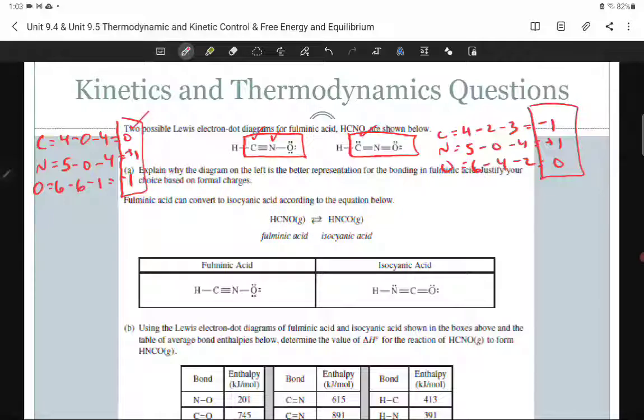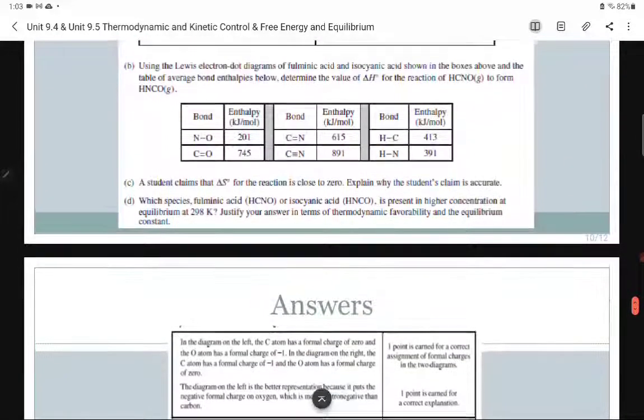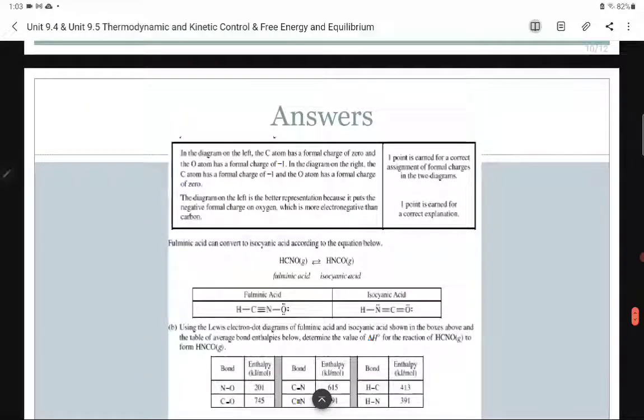Carbon is not very electronegative, and 0 would be awesome. You would love that the most electronegative atoms are negative. Oxygen is our most electronegative atom. It's a negative. I think this one's very difficult. This one's a little more in depth than I think most of these are going to be.